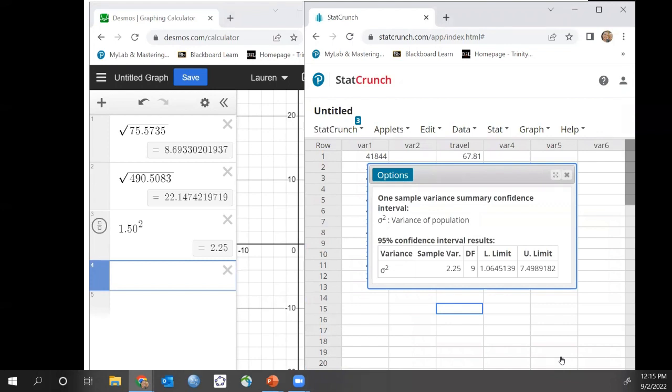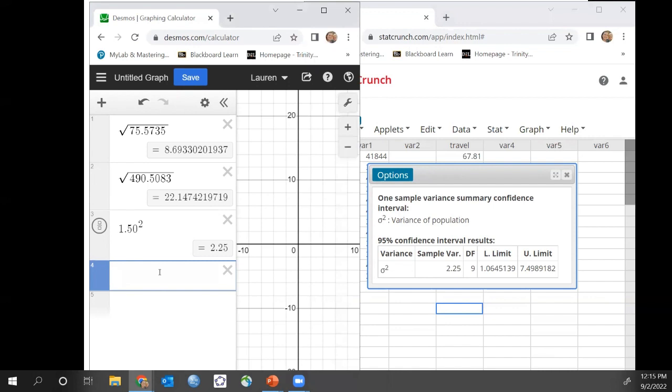We are going to copy down our lower and upper limits. So 1.0645 and 7.4989. And then we are going to square root each of those values so that we get the standard deviation and not the variance. So square root of 1.0645. So our lower limit is 1.03. And since we're talking in money, I'm just going to go to two places.